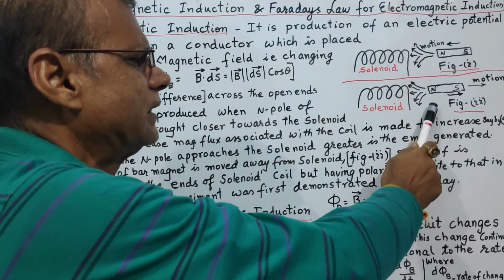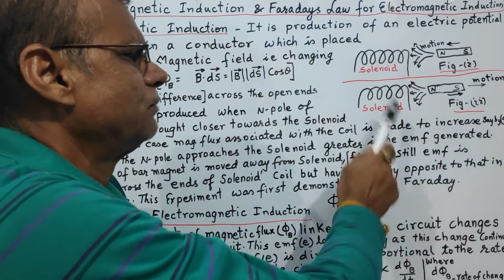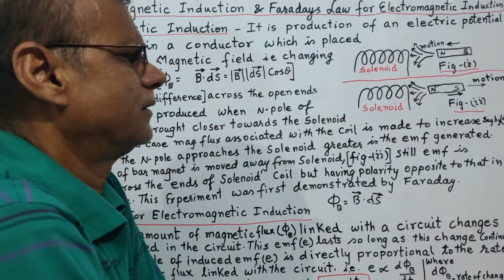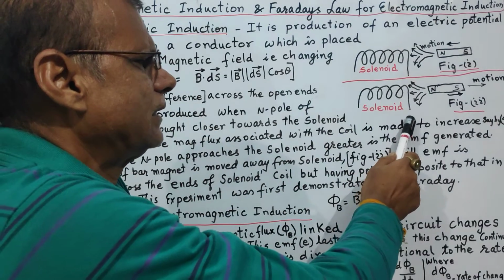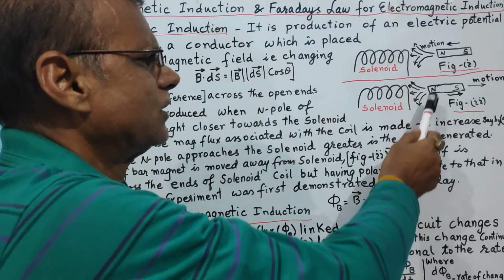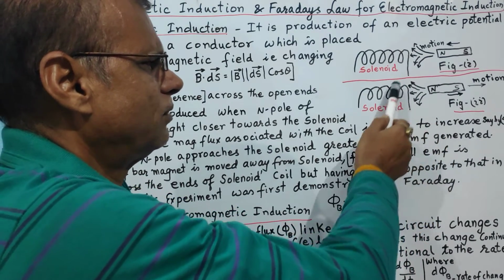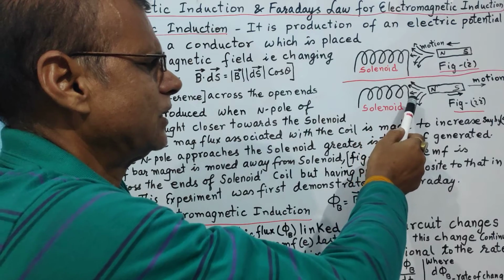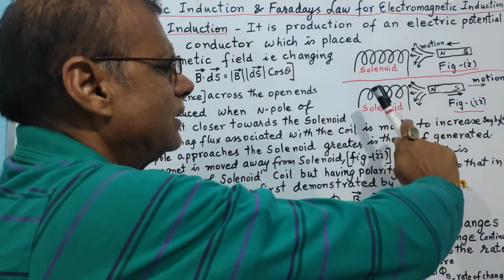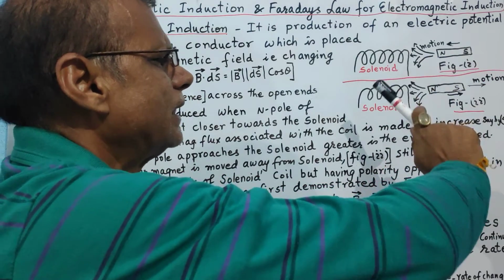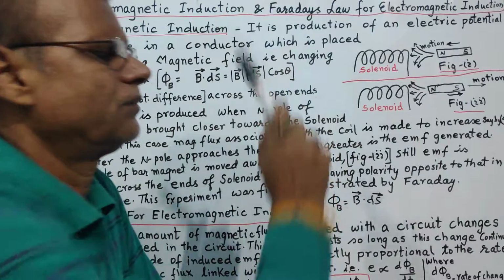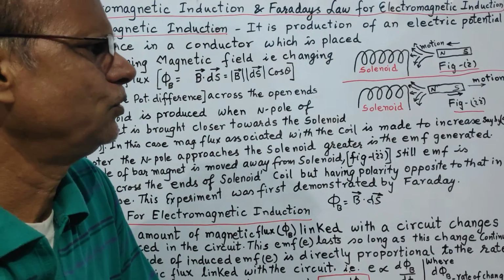Now if the direction of motion is reversed, it means the magnetic flux associated with the solenoid is decreasing, because while the north pole was close to it, the magnetic field lines associated with the solenoid were large enough. When the north pole is carried away from the solenoid, the magnetic field lines associated with the solenoid are reduced.